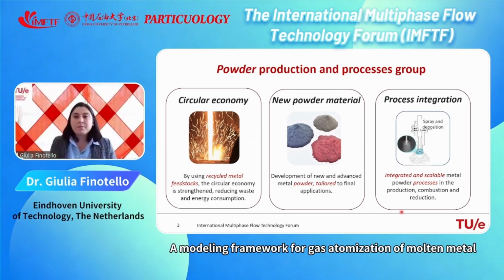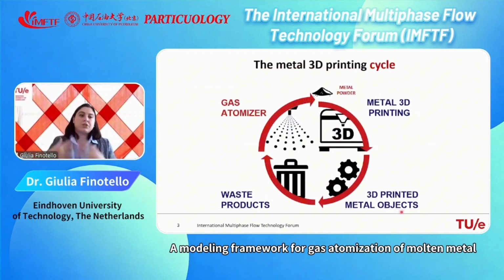So let me start with the 3D metal printing cycle, which of course motivates why we are talking about metal powder and gas atomization for molten metal. Metal powder is produced through gas atomization, and then it is used in metal 3D printing.